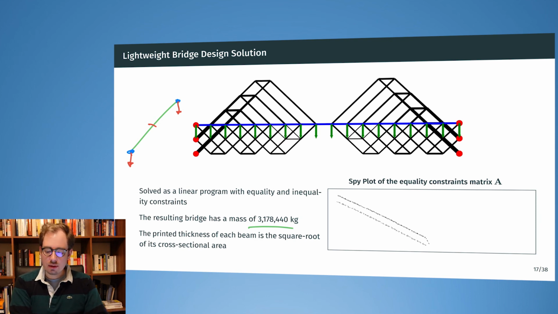One observation that is also relevant going forward is how do our equality constraints look like? And here again we have a spy plot for the equality constraints. So again we can combine all the equality constraints in a big matrix equation, Ax minus b equals 0.